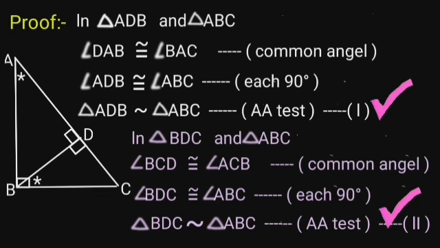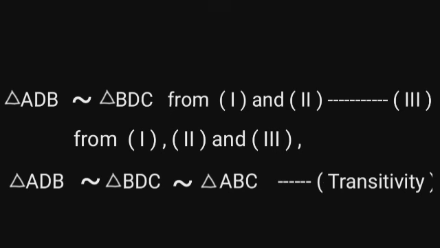From the first statement and second statement, we can conclude that from the first statement, triangle ADB is similar to triangle ABC. Triangle BDC is similar to triangle ABC by the second statement. From the first and second statements, we can write that triangle ADB is similar to triangle BDC.